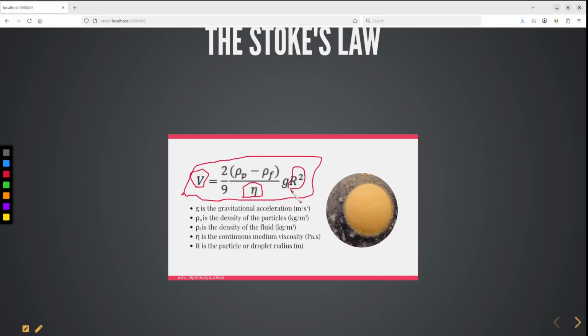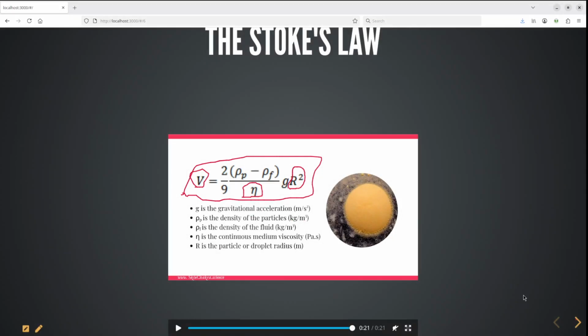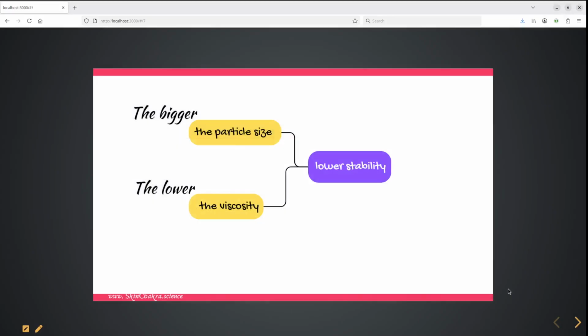So you see here that the speed that these particles move around and collide together depends on the viscosity and the particle size. And we can generalize it that the bigger the particle size and the lower the viscosity, the lower the stability, because the speed of collision between these particles is higher.